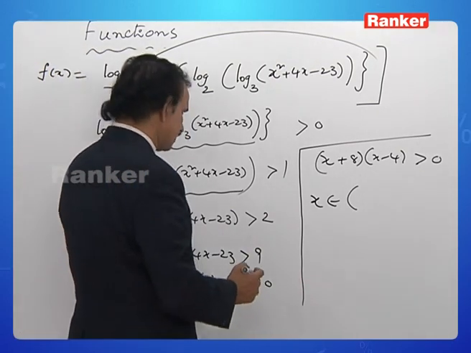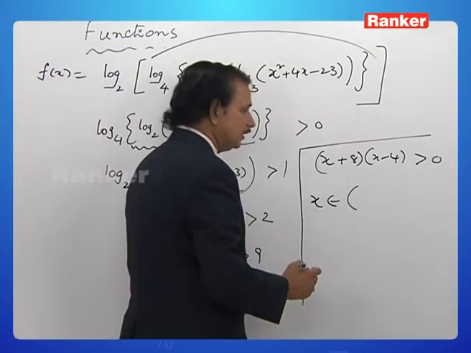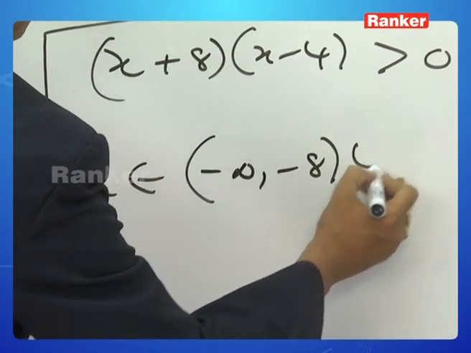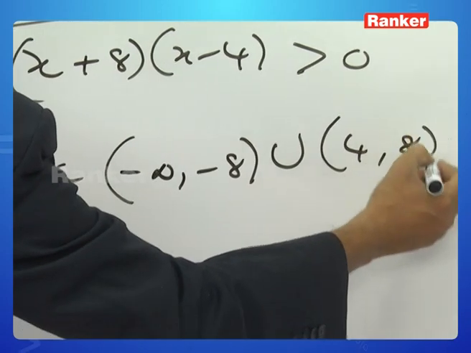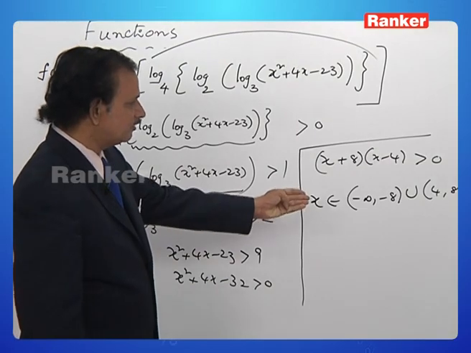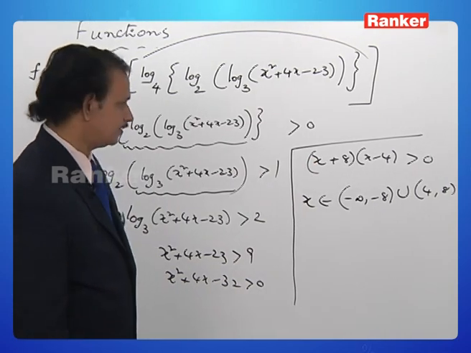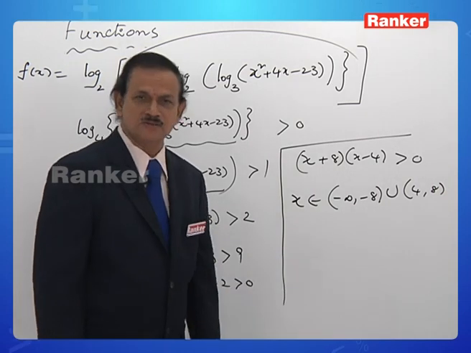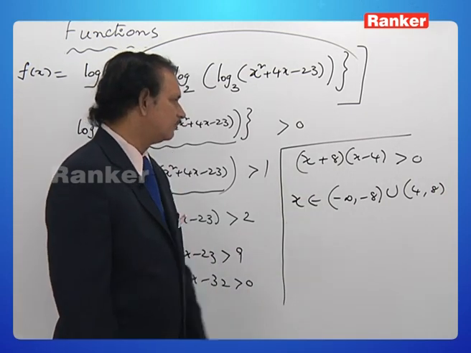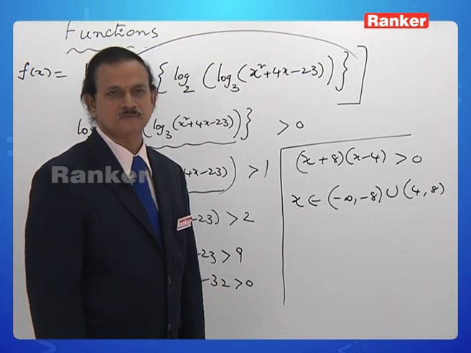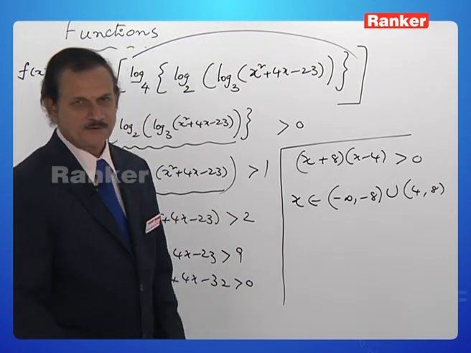Just a minute, this is plus 4. Therefore, this is minus infinity to minus 8 union 4 to infinity. By the basic knowledge of quadratic expressions, we shall be able to have this answer. So, what is the right option? Option B is the right option.